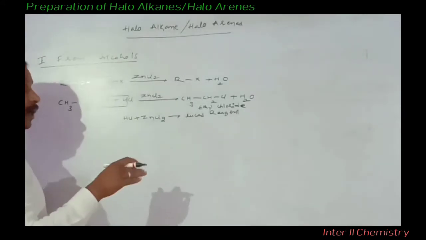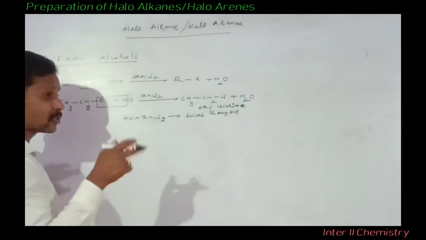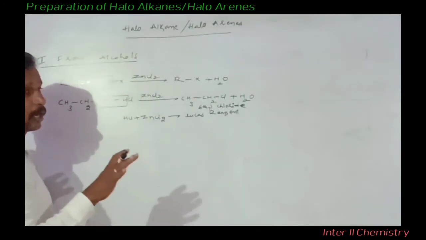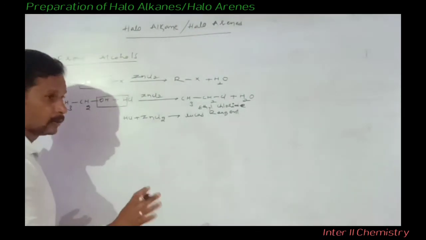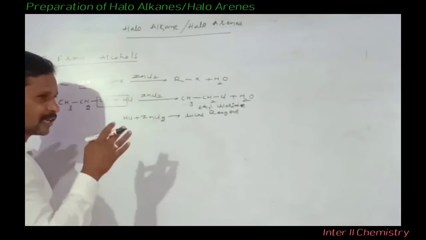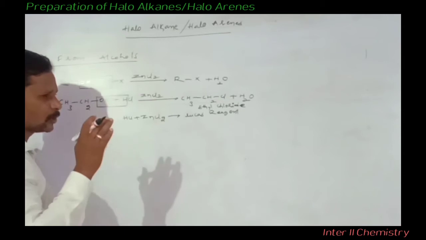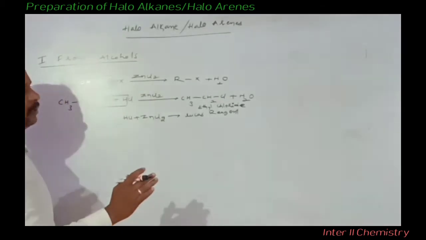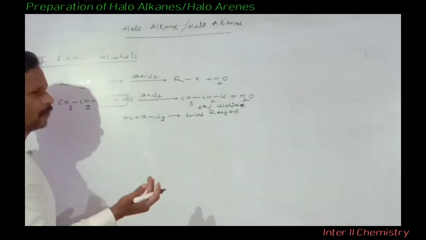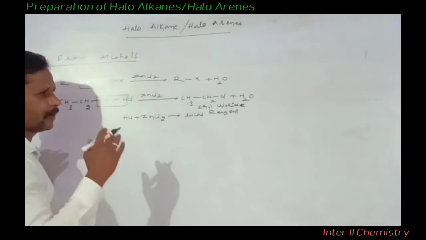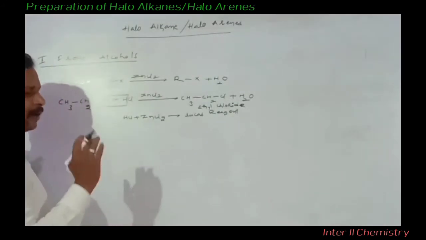According to the reaction speed, we can understand which one is primary, secondary or tertiary. This test is called the Lucas test, used for identification of primary, secondary and tertiary alcohols in the laboratory.